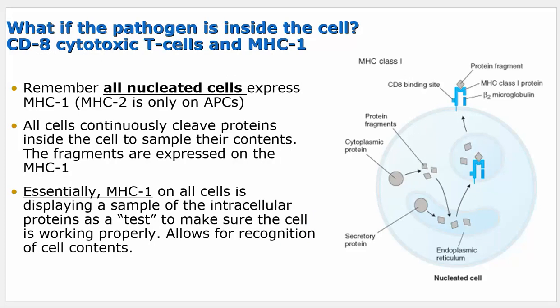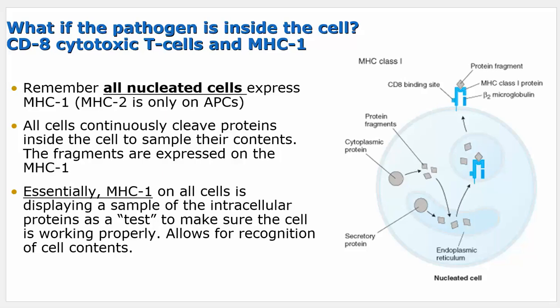Okay, so there's our question. What happens if the pathogen just hides in the cell? I mean, what if a really smart virus says, you know what, I'm just not going to float around, I'm going to hide. Well, okay, we have something for that. So all nucleated cells, this is another thing you have to remember, I mentioned it before, all nucleated cells express something called MHC1.